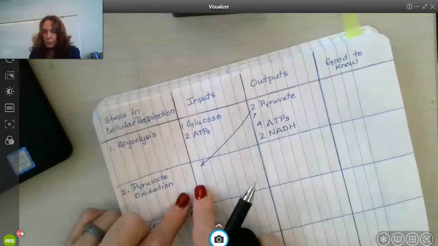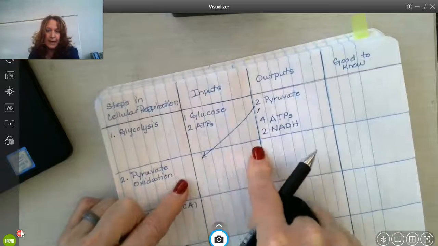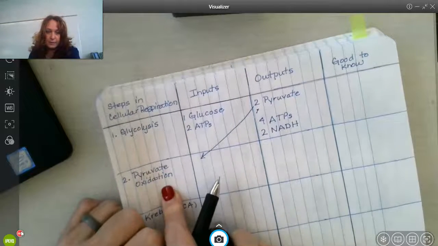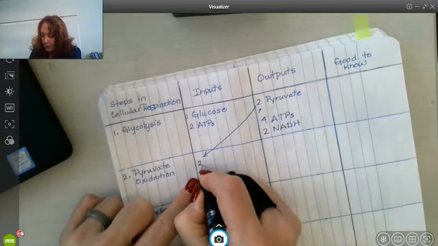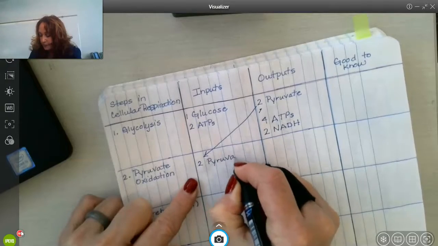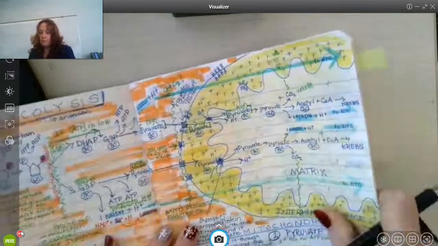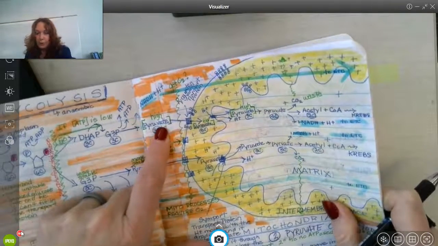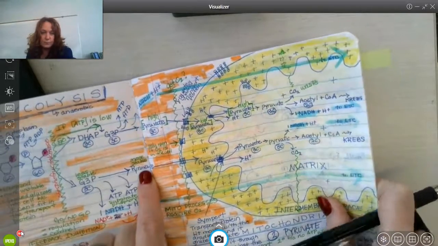So these pyruvate are going to come over here, and they're going to begin the next part of cellular respiration. So you're going to have 2 pyruvate. So let's go here. Here they are. Here's the 2 pyruvate, 1, 2.